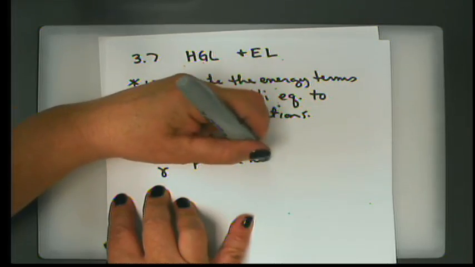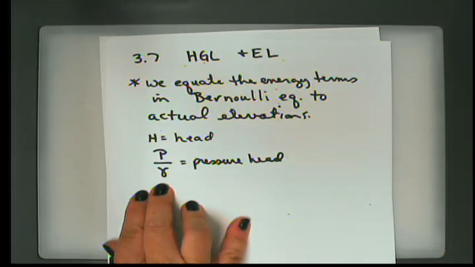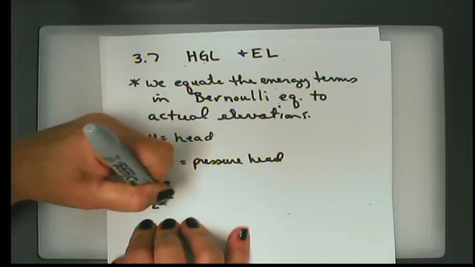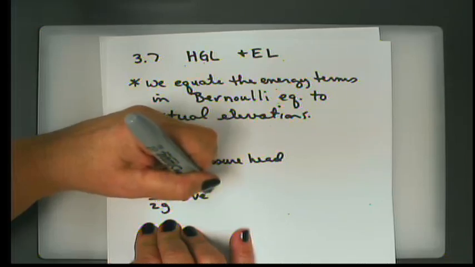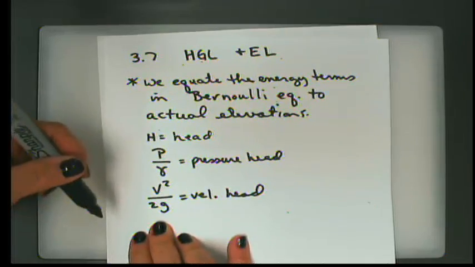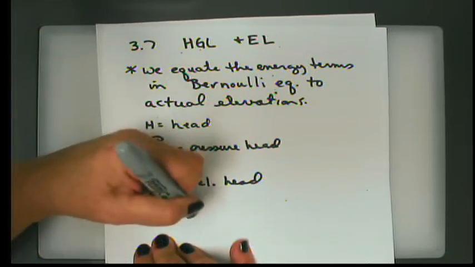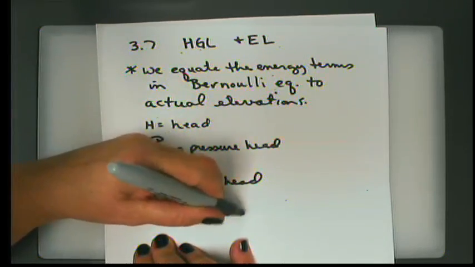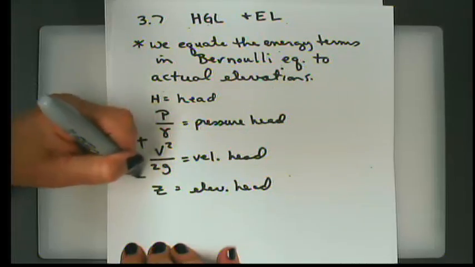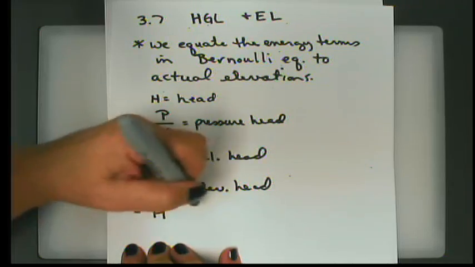And the units of that, of course, will be in feet, inches, whatever, the dimensions of length. We also have the velocity head, which is, once again, when we did the numbers, you could see that that's in dimensions of height. And we also have the elevation head. And together, the sum of those equals the total head.